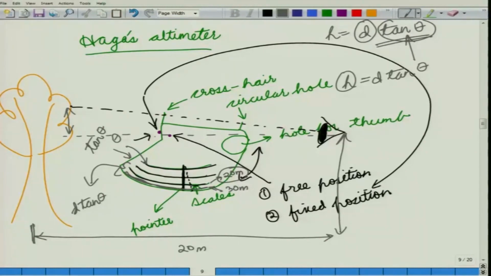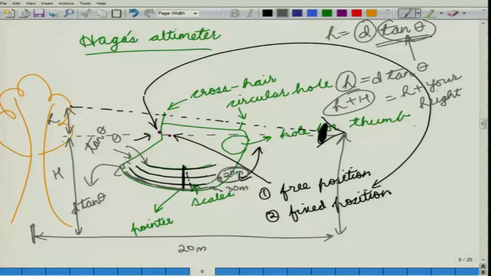You need to add your height to the figure to get h plus H. So, this was small h, this one is your capital H. The height of the tree is h plus H. You just need to take readings from your device for the same scale of 20 meters, and add the height of your eye level. In this way you would directly get the height of the tree.